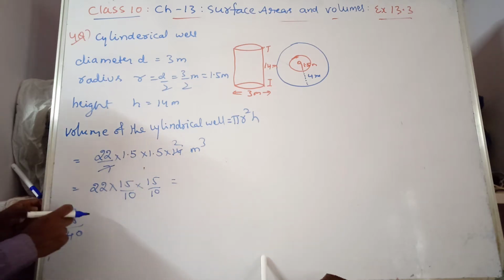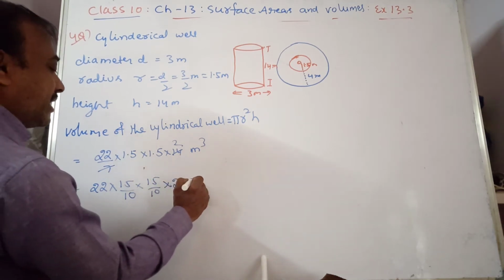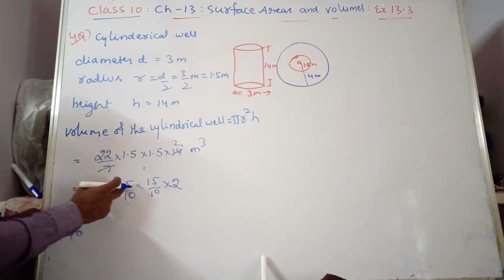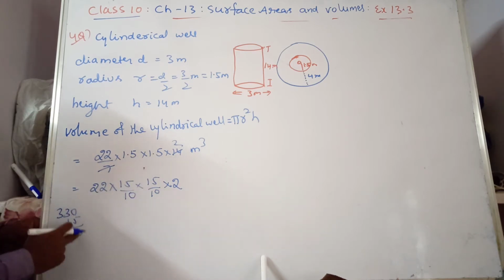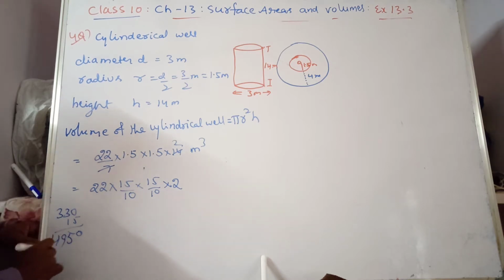Are you following? 15 by 10 into 2 we forgot here. 15 twos are 30, 330 into 15 threes are 45, 4 remains. 15 threes are 45 plus 4, which is 49, and 0 is there.